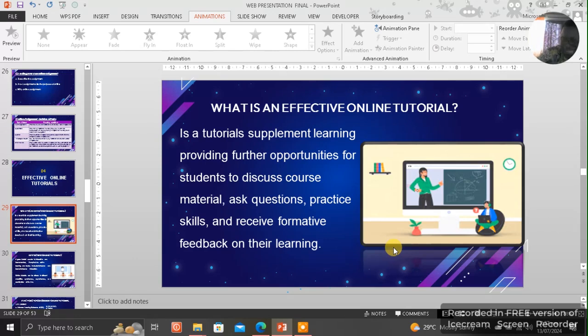A supplement means added to the material you have, in order to discuss the material, ask questions among your peers and the teacher, in order to get the concept. Then practice skills, receive formative feedback, receive answers, to be able to know your wrongs and corrects. That's what we call an effective online tutorial. Everybody's participating.